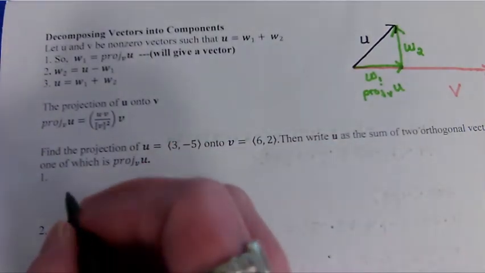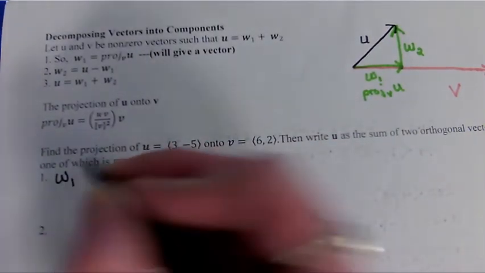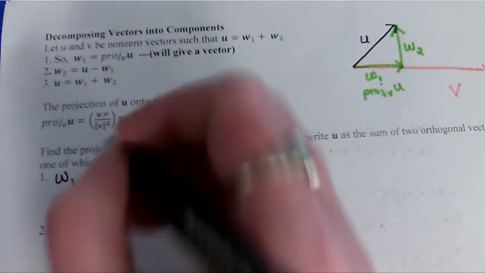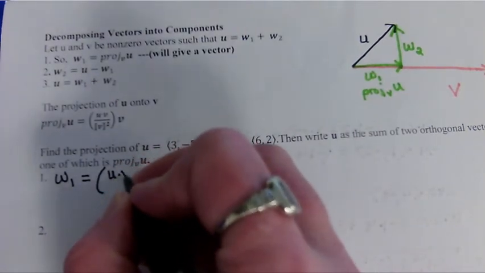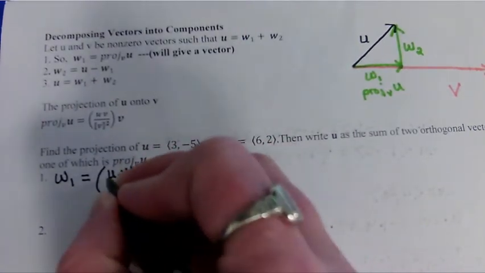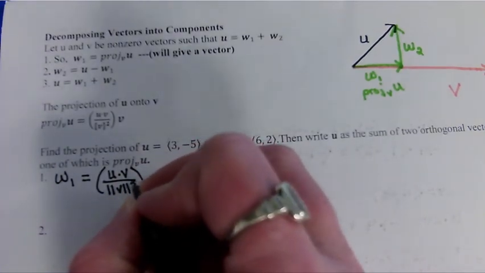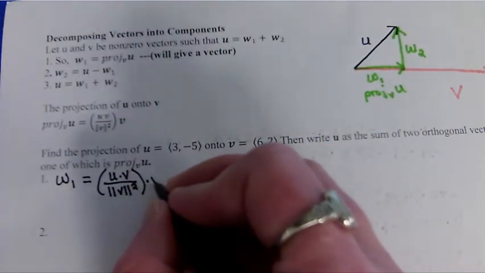So to find the projection, the first thing we're going to do is find w1, that horizontal component. And it is found by finding this projection. So it is found by doing u dot v over the magnitude of v squared. Then we're going to multiply that times v.